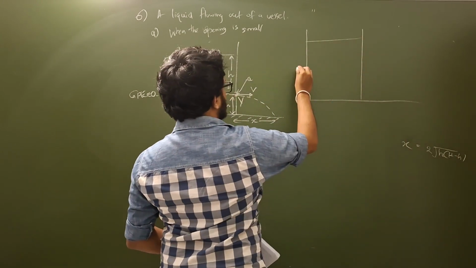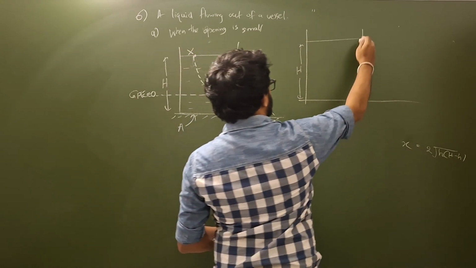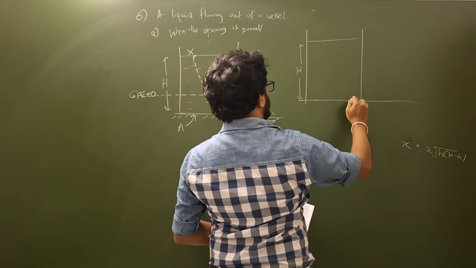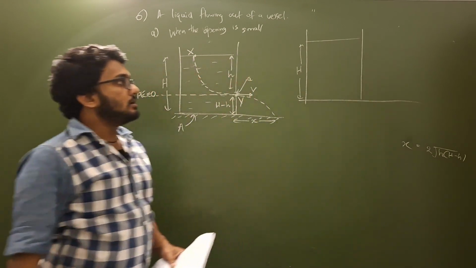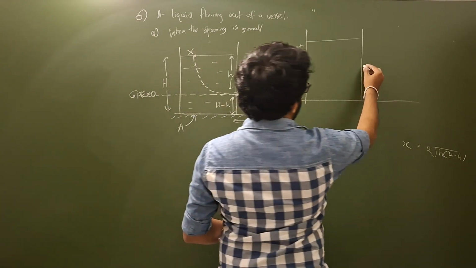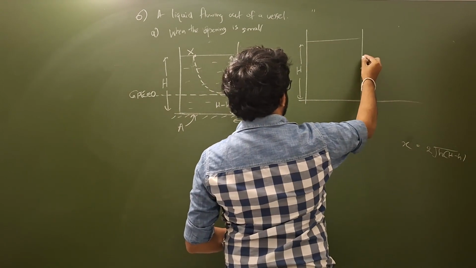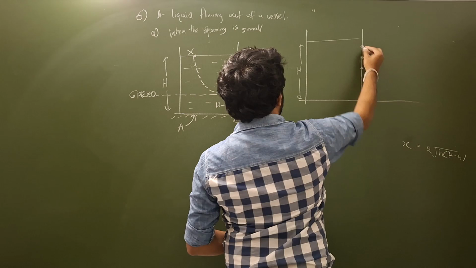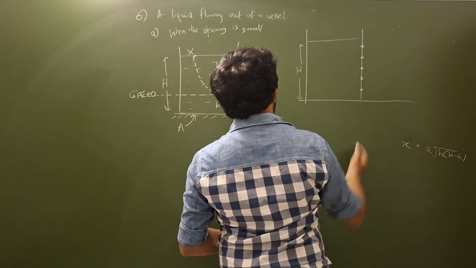Liquid is put to a height of h, and there is a series of holes made along that side. So let's take one hole at the midpoint, and another somewhere here, another somewhere here, and symmetrically another two holes here.